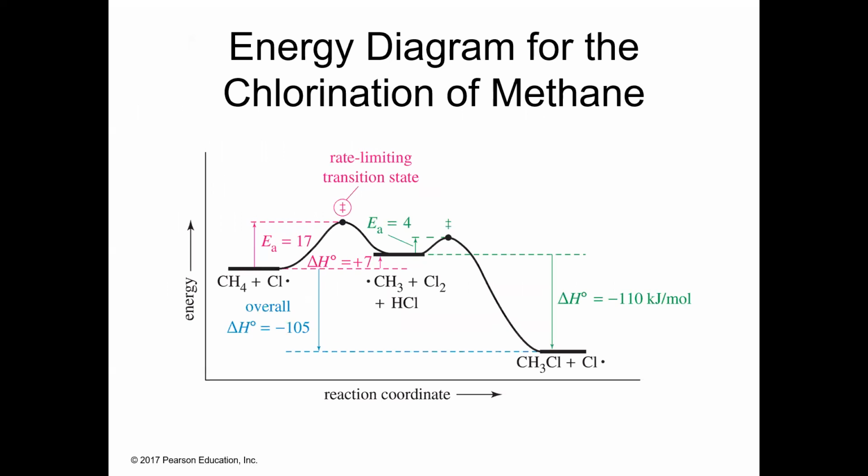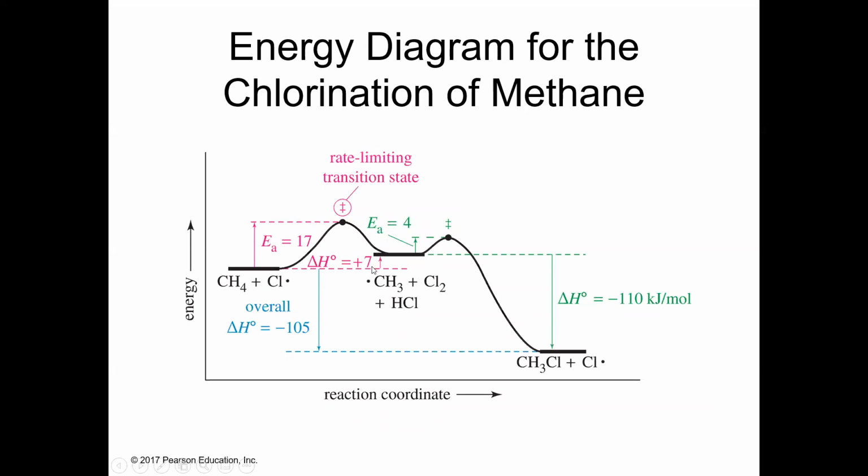Okay, so here are two of the steps involved in the chlorination of methane. The reactants here are methane and chlorine free radicals. That first step is endothermic. It is endothermic by 7 kcal per mole, or kJ.